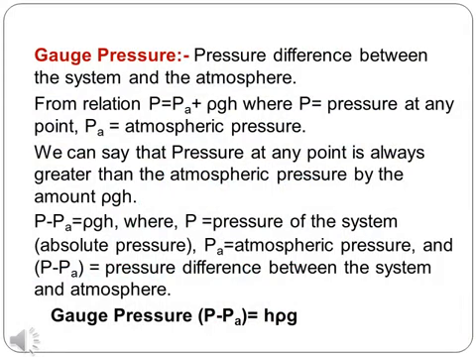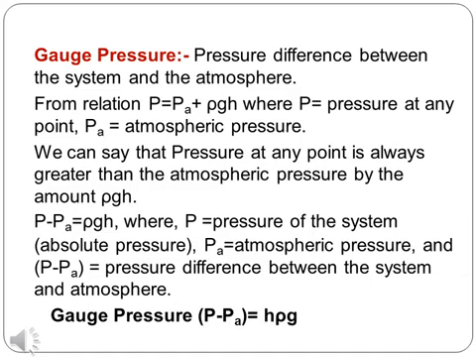From last class, you had studied gauge pressure is the excess of pressure P minus PA at depth h of a fluid. It is the difference in pressure P at depth below the surface of a fluid which is open to atmosphere and atmospheric pressure PA.